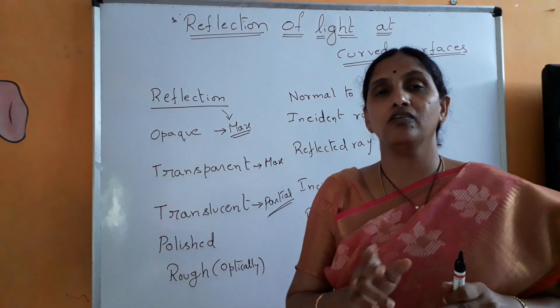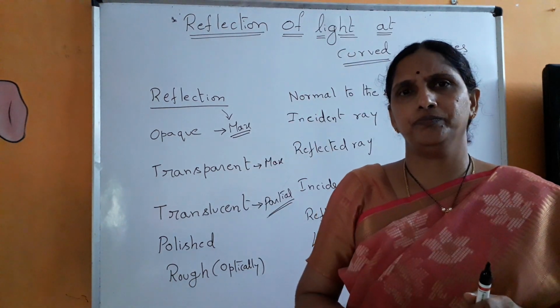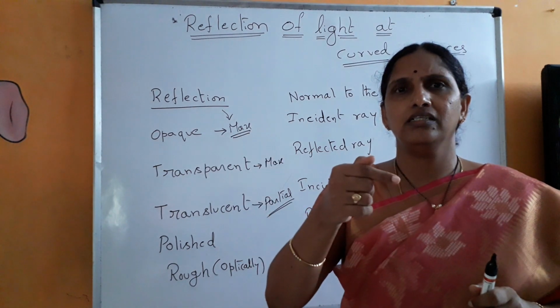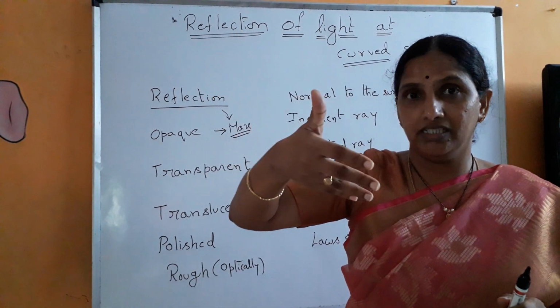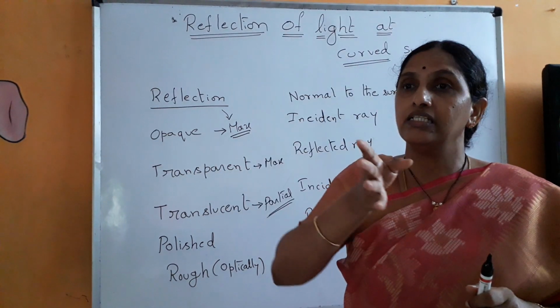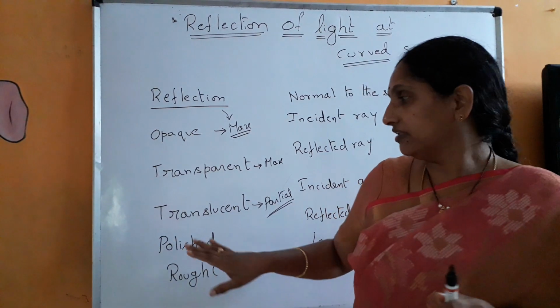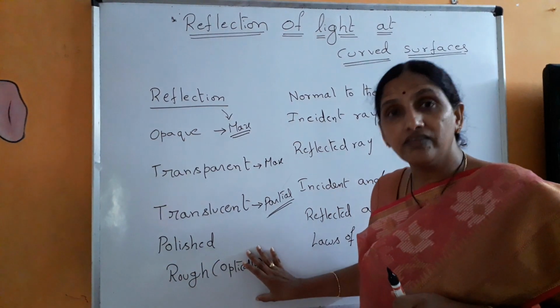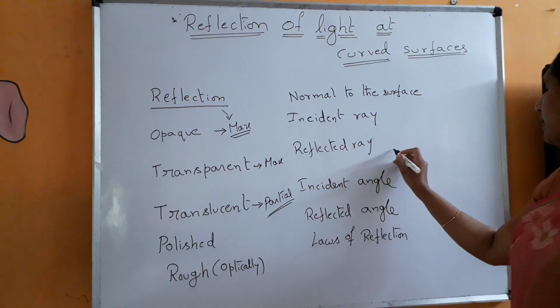Now next, polished surface and optically rough surface. Optically polished and optically rough surface. That means if the surface is very smooth, so as the beam of rays is incident, in a similar manner the beam will get reflected back if the surface is polished. Let me explain it here.